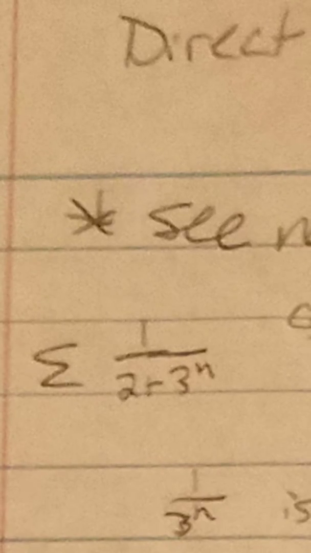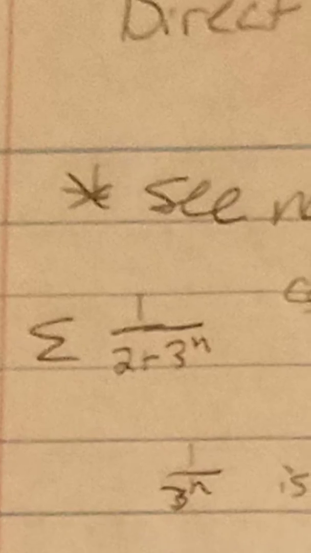Because it's a smaller value than something that's already converging. Obviously, it's going to converge. The converse is also true. If a sub n is greater than b sub n, and you know that b sub n diverges, well, then a sub n is going to diverge with the same kind of logic. It's really a pretty simple idea, pretty simple concept.